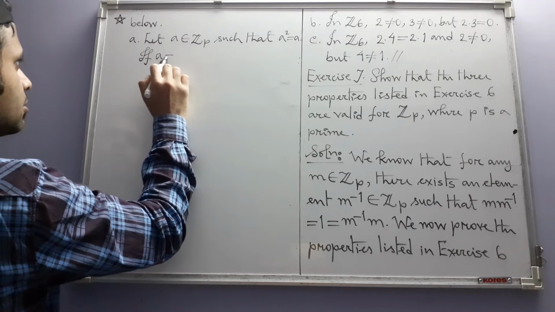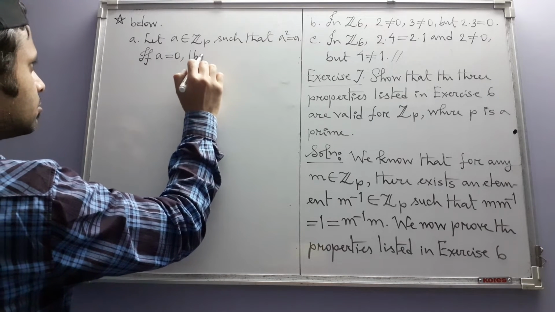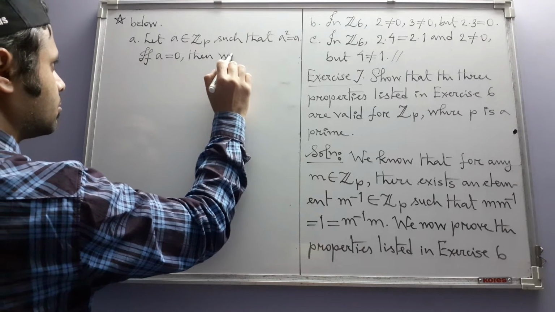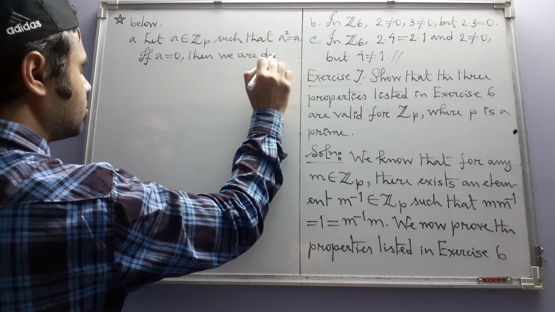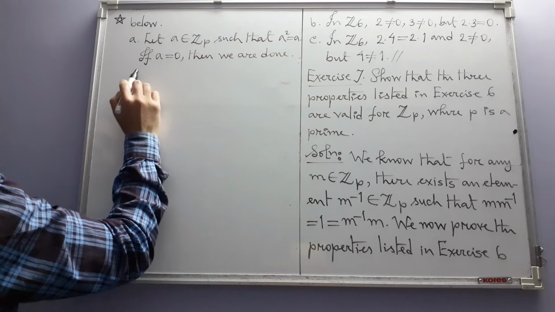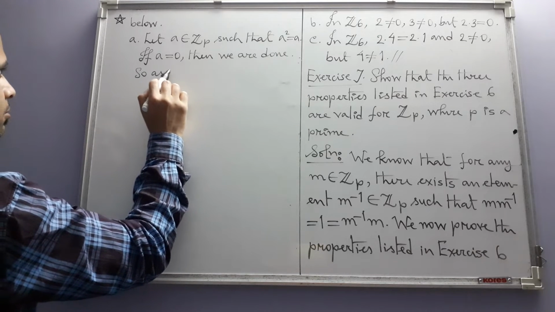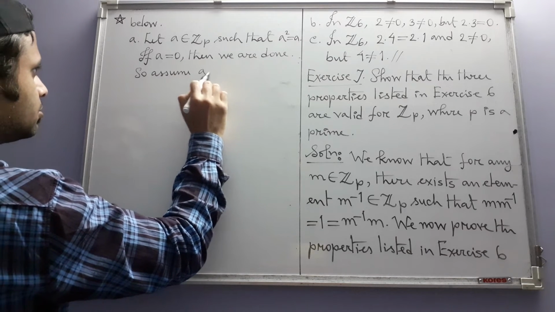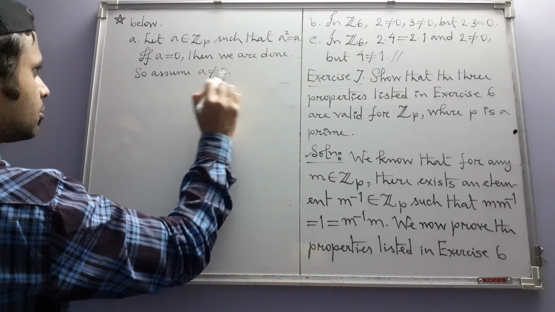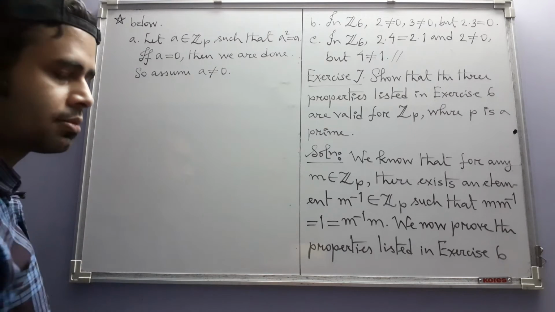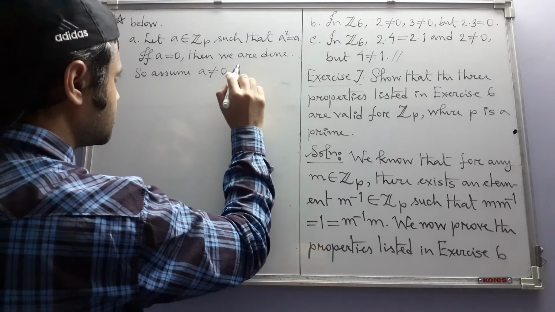If A is equal to 0, then we are done. So assume A is not equal to 0, but then its multiplicative inverse will exist.